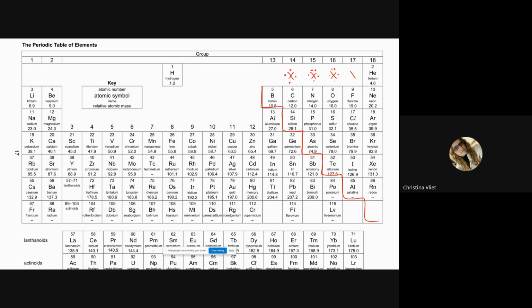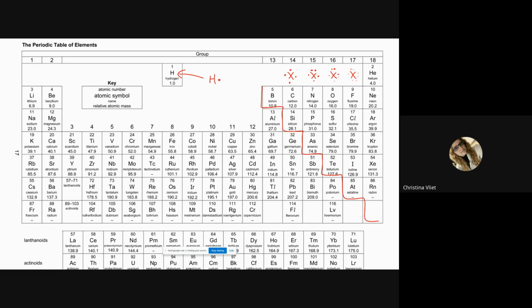And all the elements in group 17 have how many? 7. And then hydrogen has how many? This is extremely important information because this tells you how many covalent bonds each of those elements will make. And that's really important when you get to large complex molecules.